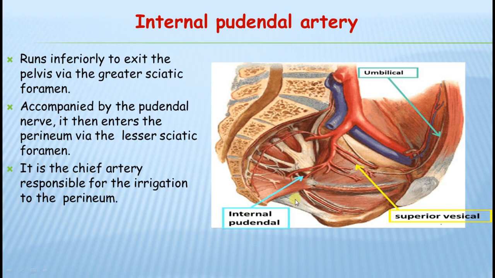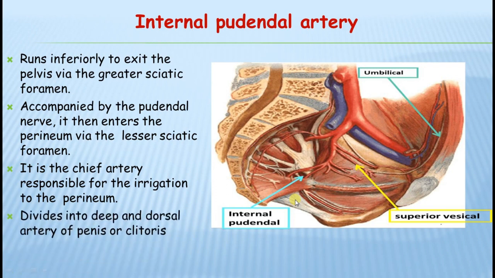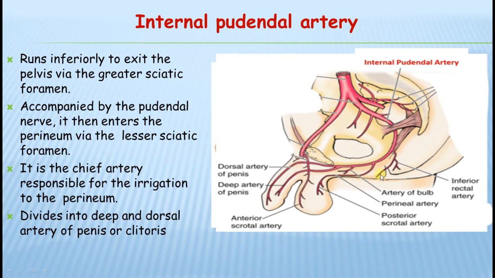The terminal branches: it will divide into the deep artery and the dorsal artery of the penis or clitoris. In males it is the penis, in females it is the clitoris. Now the course of the internal pudendal artery: from the greater sciatic foramen it comes out through the lesser sciatic foramen.